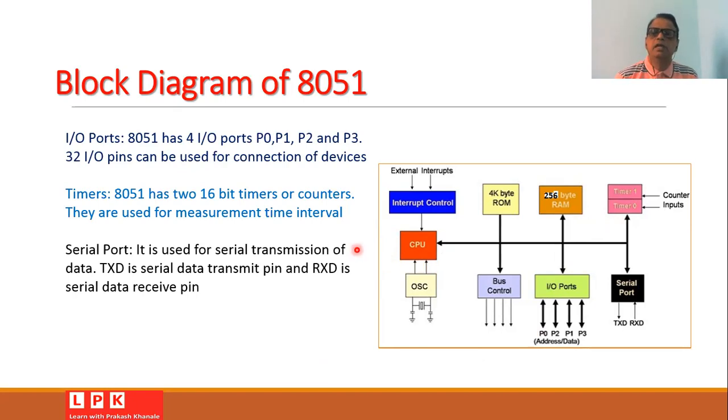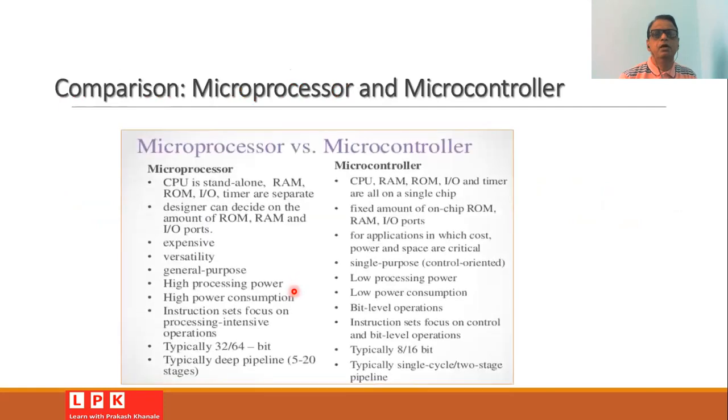So many times we need a serial transmission of the data where the data bits are transmitted sequentially. And in that case, we can observe that there are 2 pins available, TXD, the serial data transmit pin, and RXD, the serial data receive pin.